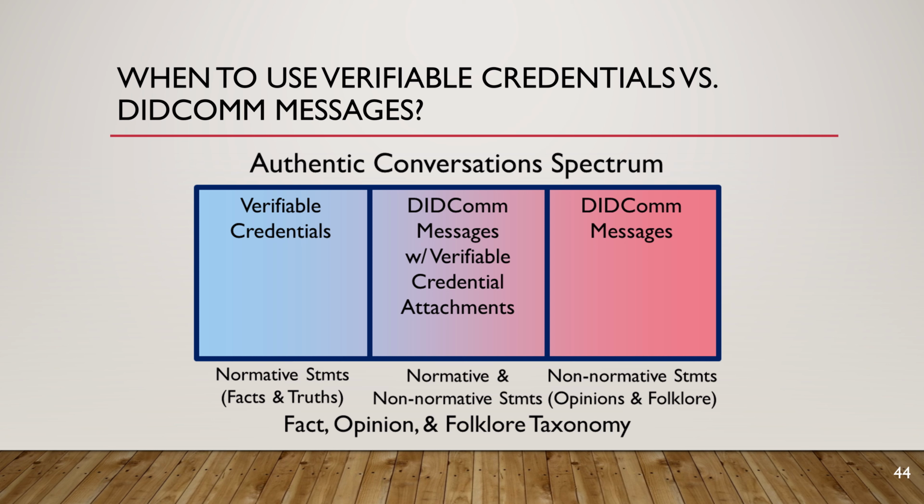And maybe because they are opinions or folklore or speculations, they might be better served by the DIDComm message capability of supporting authenticated encryption. Maybe you don't want those floating around in plain sight.